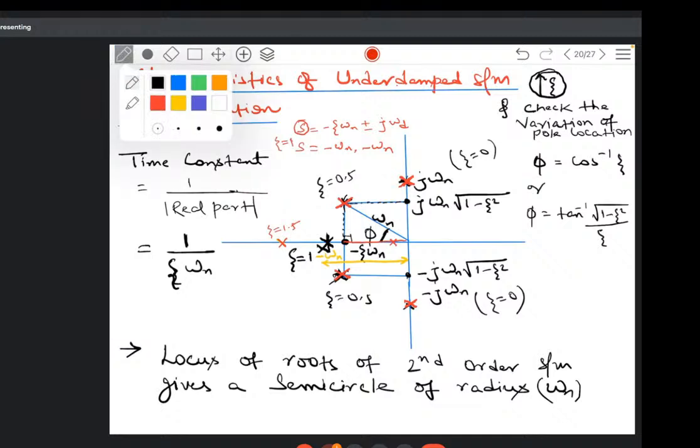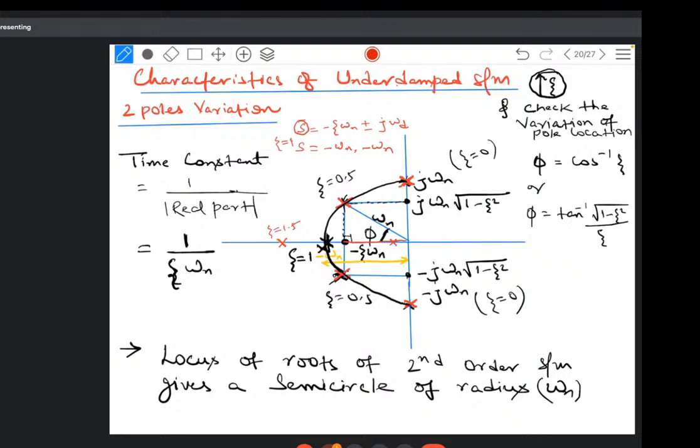So once I have got all the pole locations, I can join them to get my root locus. Once you join the pole locations, I am getting a closed semicircular path. So this is what I am getting.